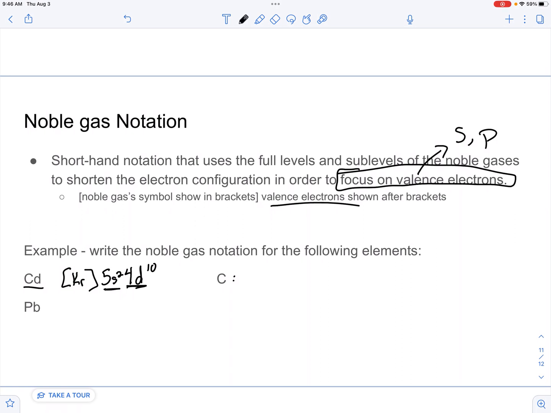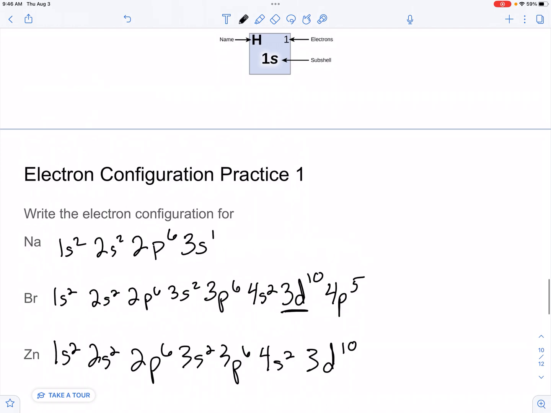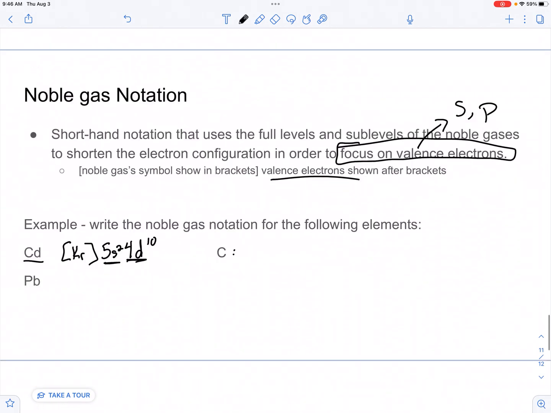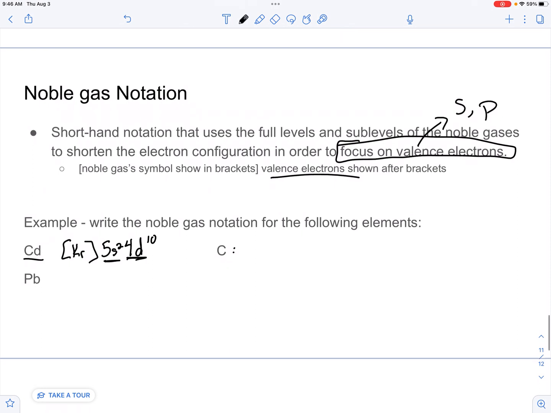So the model I was drawing earlier kind of falls apart sometimes. It's good for some things, but not good for everything. The key thing to remember is that valence electrons are electrons in the outermost energy level, which in this case is the fifth level, and they will only ever be electrons in the s and the p.